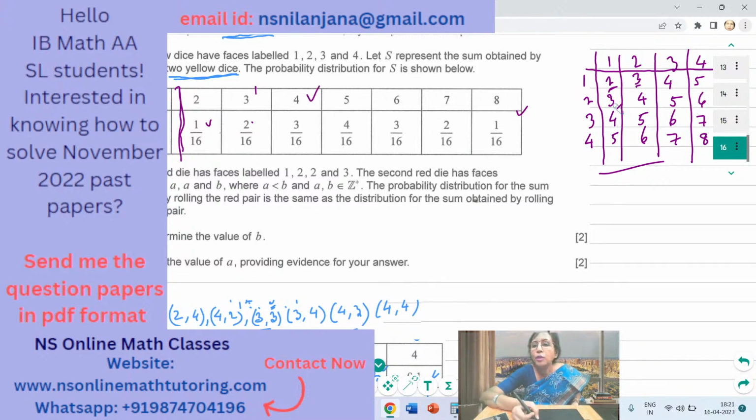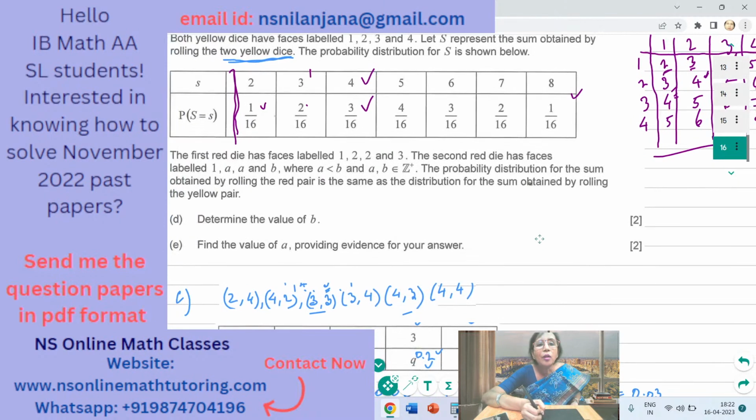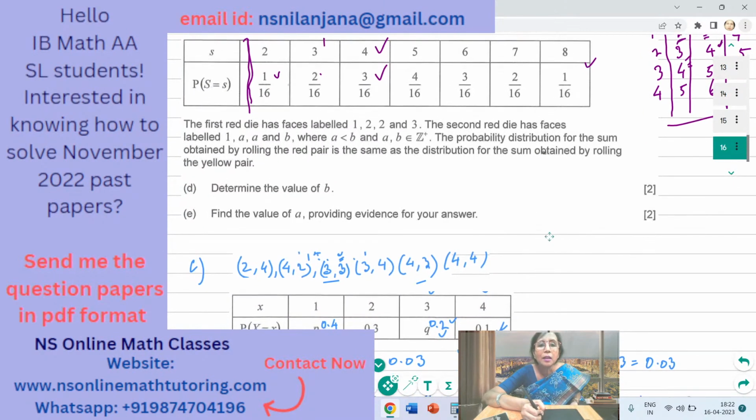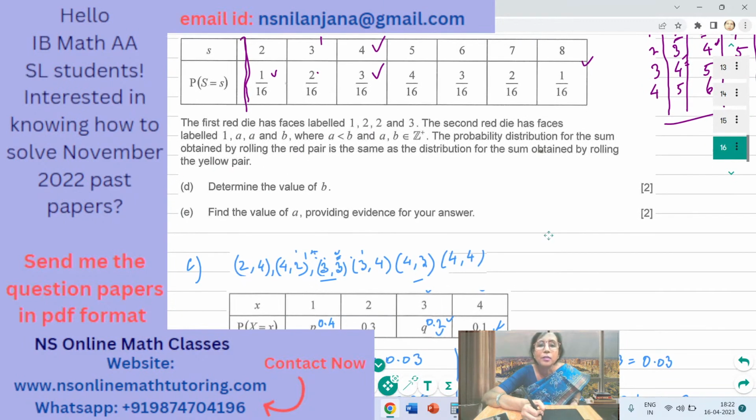Let me take this 4. You can see there are three 4s and the total is 16. Out of 16 numbers, 3 are favorable outcomes, so the probability is 3 over 16. This is how all the probabilities are calculated, because they are unbiased dice.